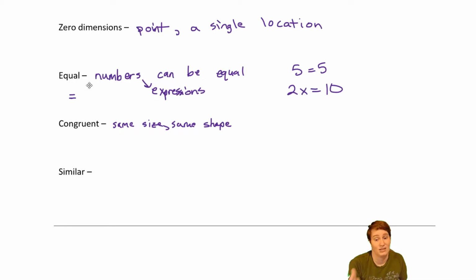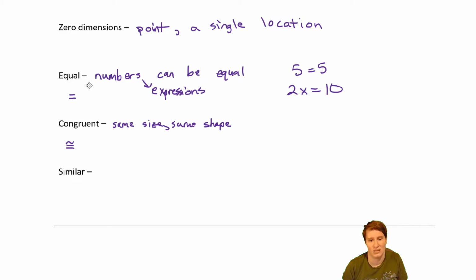That's something that in our high school geometry classes we do a lot with, talking about how do we know if things are congruent or not. The symbol for that is this equals, but with a squiggly line over it. So that is the symbol for congruent. It means same size, same shape.